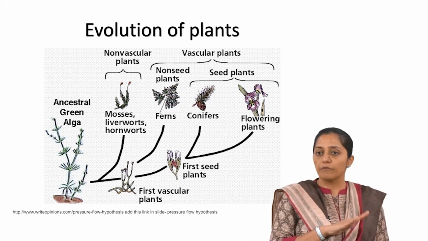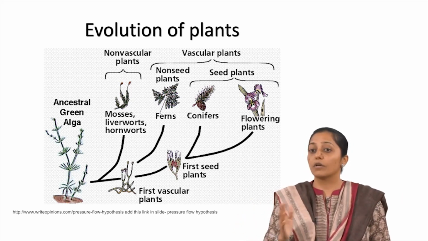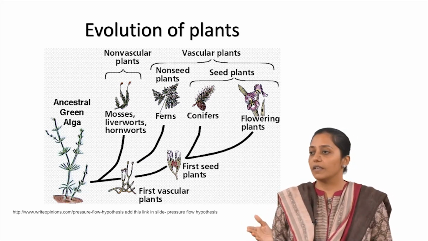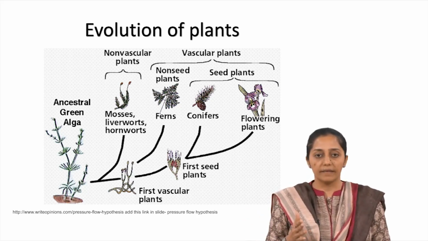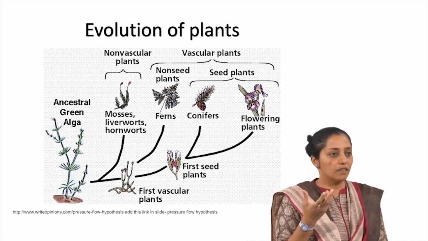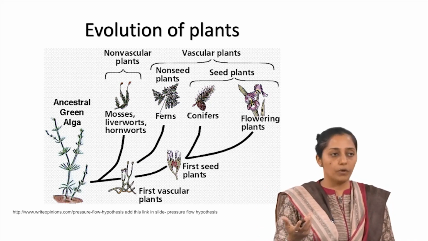Once they came from aquatic to the land, the land plants which initially came in were non-vascular in nature. When I say they were non-vascular in nature, what does that mean? Any idea? The vascular bundle was missing, the vascular tissue, which as you said is xylem and phloem.